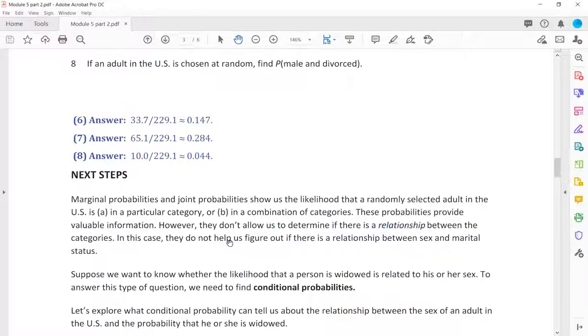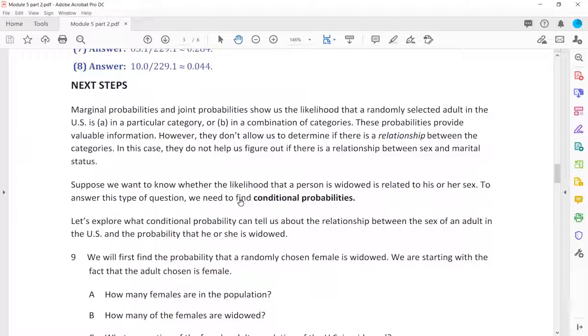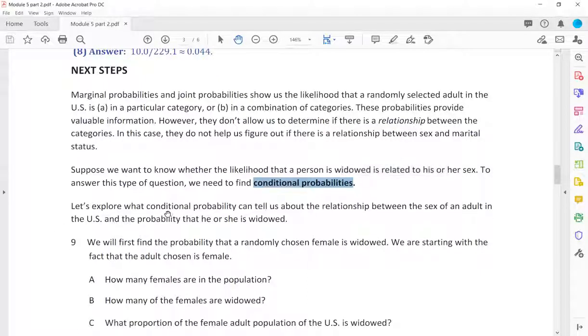In this case, they don't help us figure out if there is a relationship between sex and marital status. Suppose we want to know whether the likelihood that a person is widowed is related to his or her sex. To answer this type of question, we need to find conditional probabilities, one of the most important probabilities in statistics. Let's explore what conditional probability can tell us about the relationship between the sex of an adult in the US and the probability that he or she is widowed.